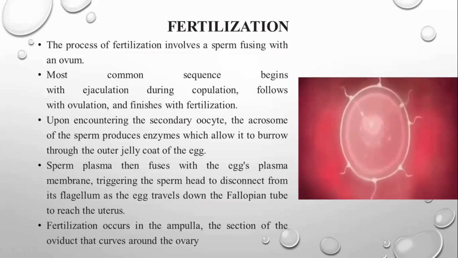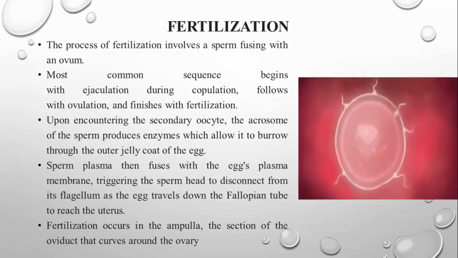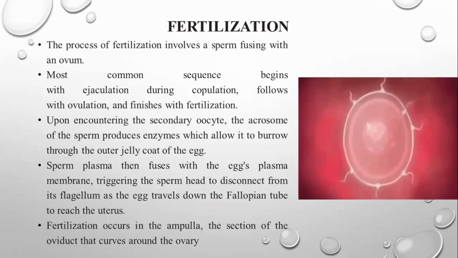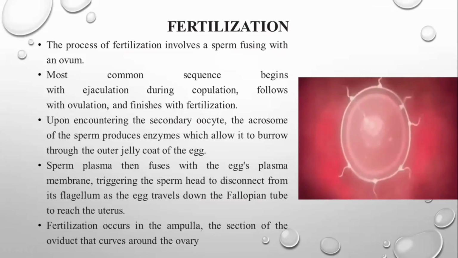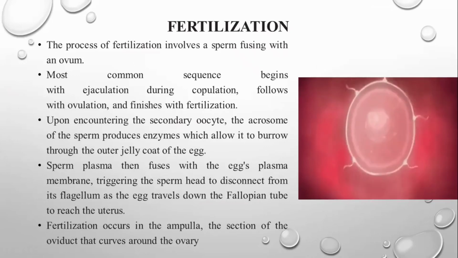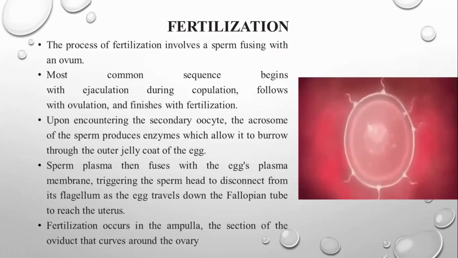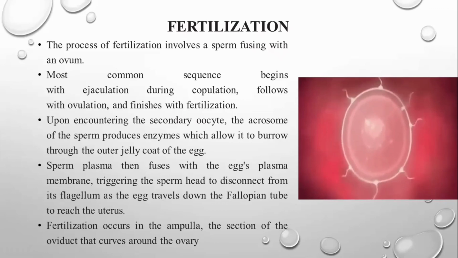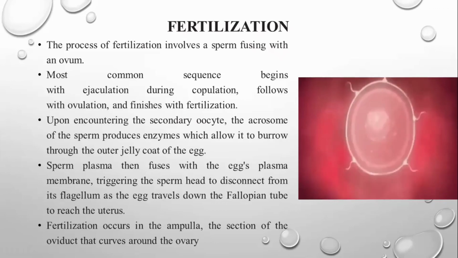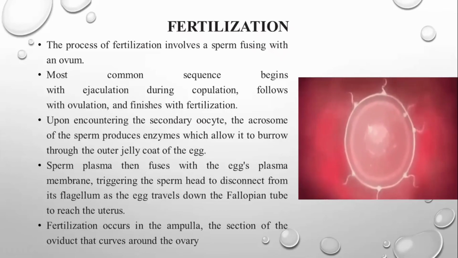The male inserts his penis into the female genital tract through the vagina, which opens into the cervix, and the male ejects semen along with millions of sperm. As soon as the sperm are ejected, they start moving.